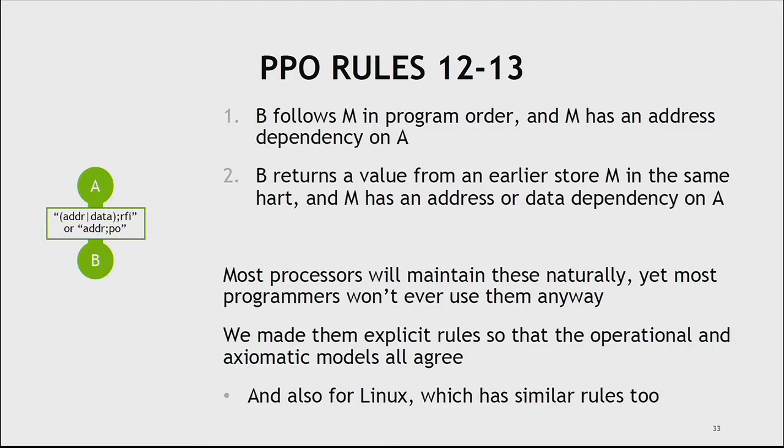Rules 12 and 13 are somewhat compound combinations of some of the other relations that I've mentioned so far. So address data reads from, essentially for the purposes of this talk, I'm not going to get into it too much other than to just say that we have them in there. If you're curious, come up to me and I'm happy to talk about them in more detail.